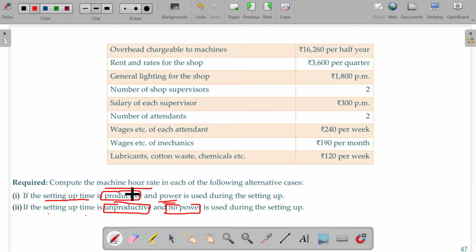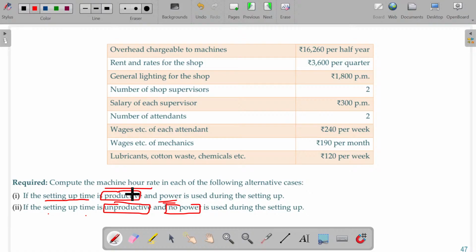Sometimes you switch on and then operate. To clean, it may be comfortable in operating mode. In both the cases, you can assume. One is assume it is not productive and no power. Another is assume it is productive and power is also consumed. The first case is very simple, meaning this setting up time is forgettable.